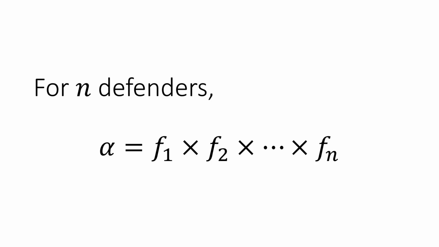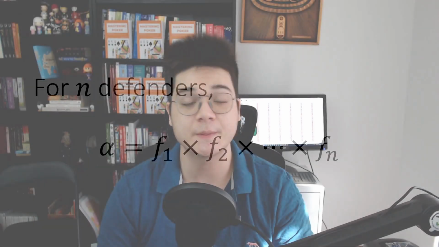So for n defenders against the bet, the product of each player's folding frequency will end up being alpha in order to make the expected value of bluffing exactly 0. But this means that each individual player will actually be folding a lot more than alpha.